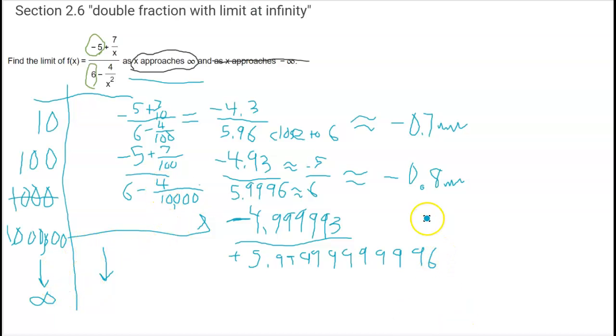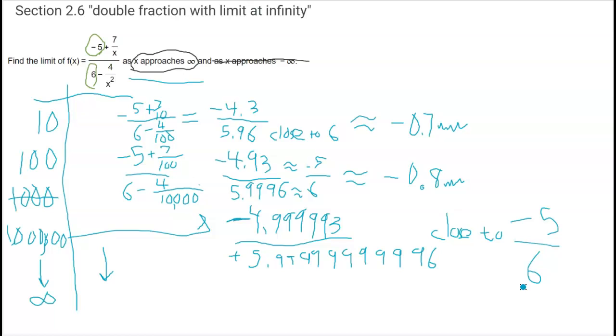This is really, really close to -5 over 6. That's the actual algebra with a little bit of faked up arithmetic. Please do it on your calculator if you need to see the actual numbers at the end.